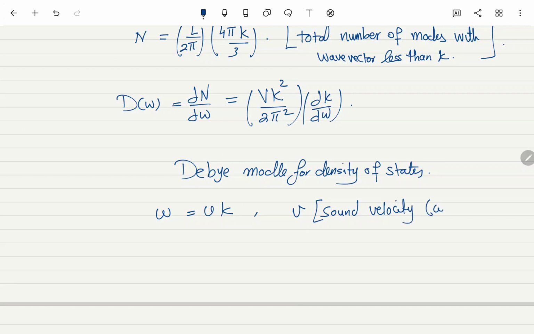By using this dispersion relation, omega equal to Vk, and substituting this back in this one here, and finding dk by d omega, the density of states will become D(omega) equal to V omega squared over 2 pi squared v cubed.